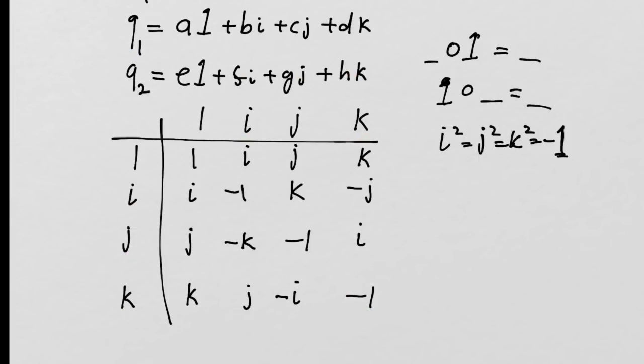Now the rest of the terms can be understood using the concept of i, j, k multiplied together is negative 1. So that's i field multiply j field multiply k equals negative 1.